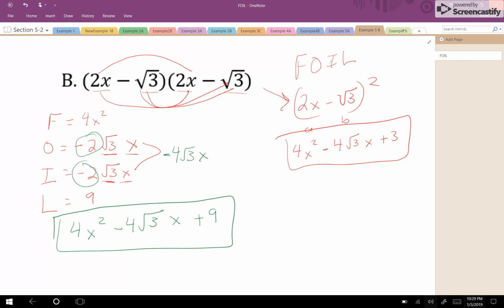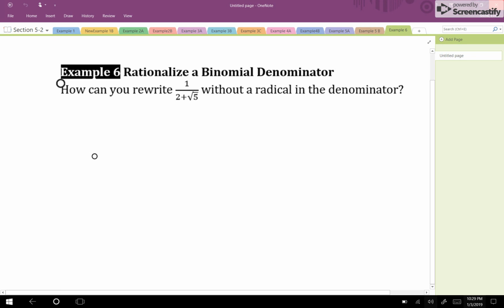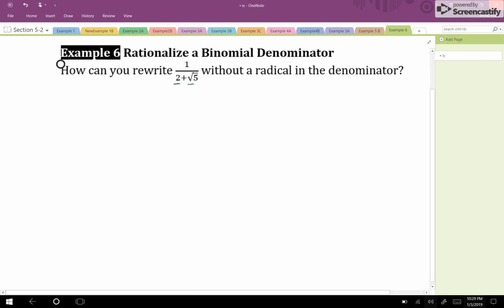Okay, example 6 I feel like is more of a review question because we talked about rationalizing denominators in topic 3. So when you're rationalizing a complex denominator, you use the conjugate. It's no different when you have a rational or an irrational denominator.